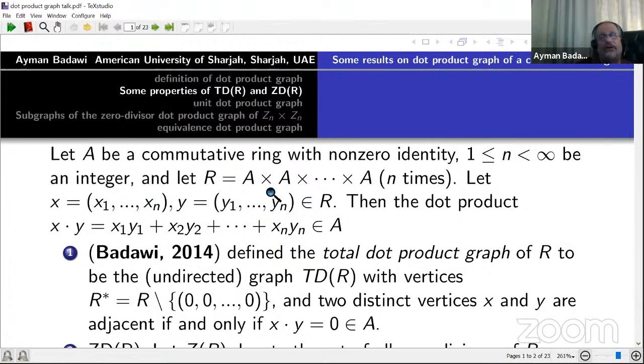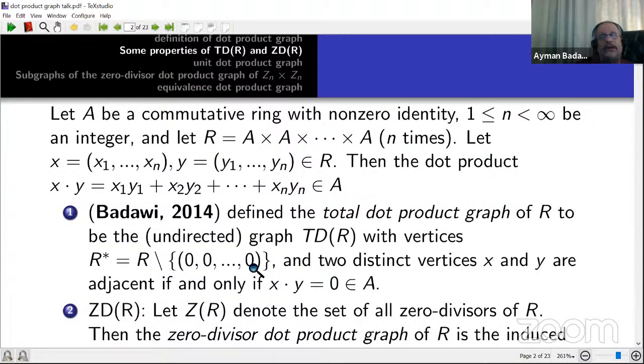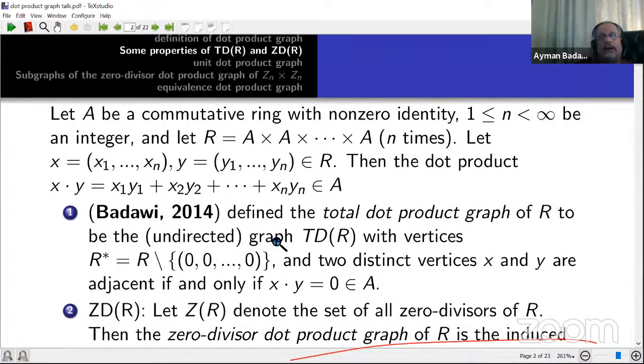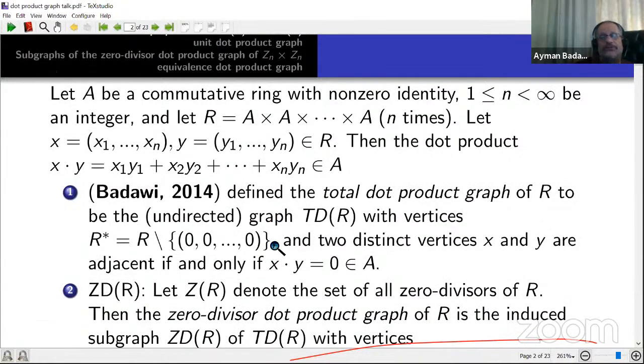That is what R is. And we take away the zero element. And as usual, how we define the graph, we connect two vertices if the dot product is zero.